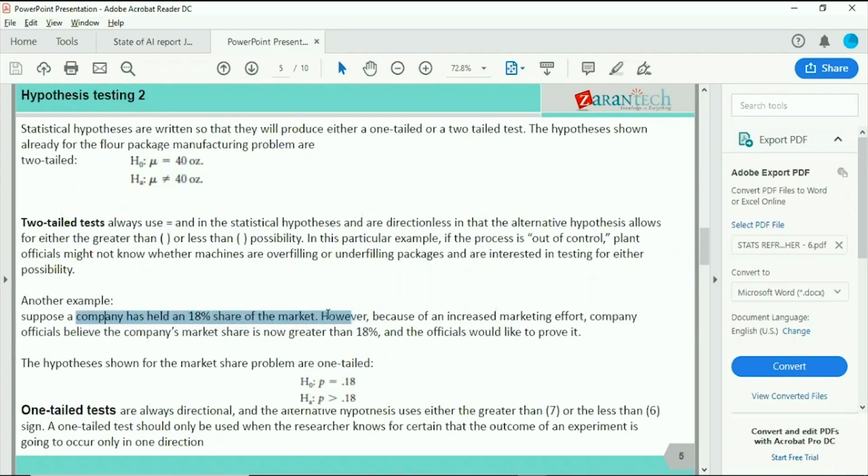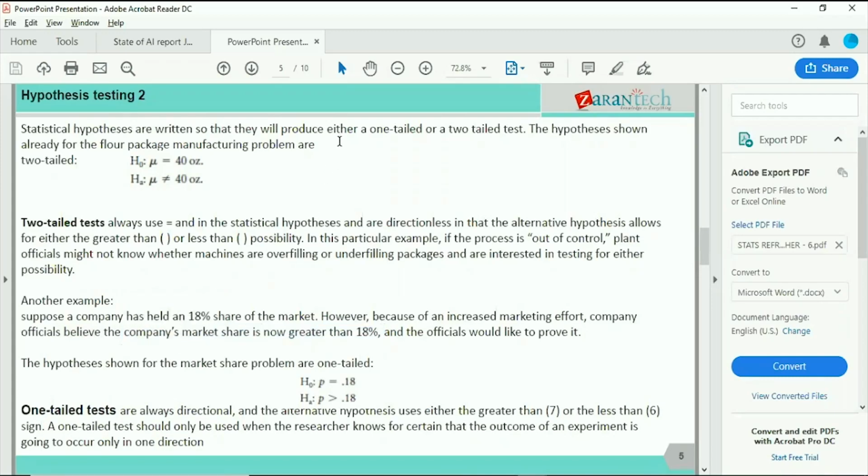That the market share held by the company is 18%. This is already there. But then the company's officials say that now it is greater than 18%. And if someone has to prove this, we have to make this statement the alternate hypothesis.